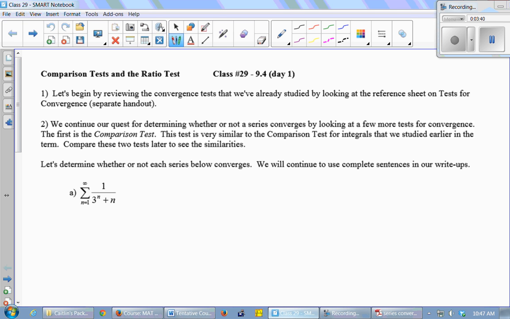So it's not always clear which test is going to give you good information, so you just keep trying tests until you get something conclusive. So we're going to learn lots and lots of tests. Well, not lots and lots. I don't know, 6 or 7 or so. And those are tools that you have to try to diagnose convergence or divergence.